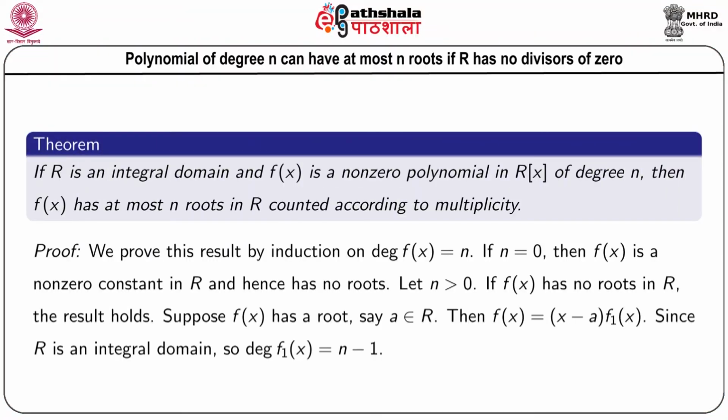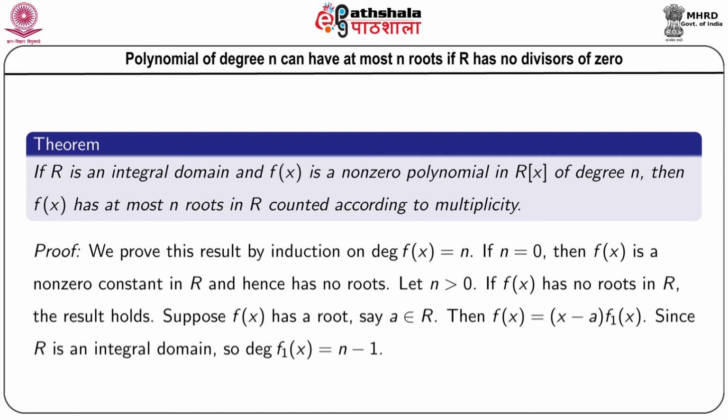Suppose f(x) is a non-zero polynomial over an integral domain R and degree of f(x) is n. We show that f(x) has at most n roots in R, counted according to multiplicity.